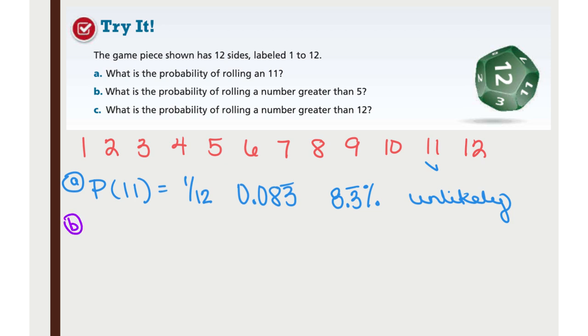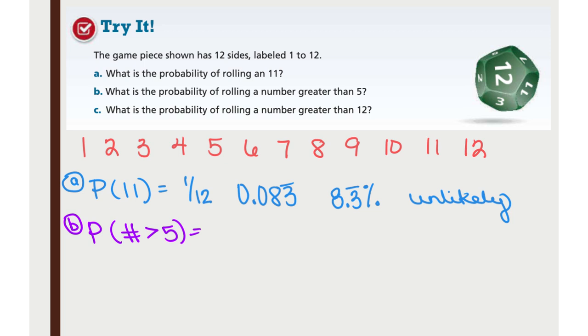We go to B. I want the probability of rolling a number greater than 5. So I'm going to clear out my markings up here. And I want to identify my numbers that are greater than 5. Which numbers are bigger than 5?